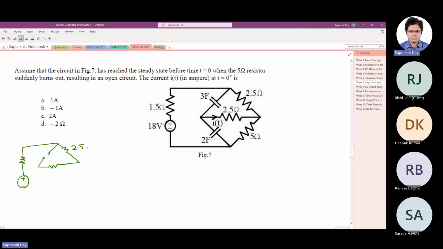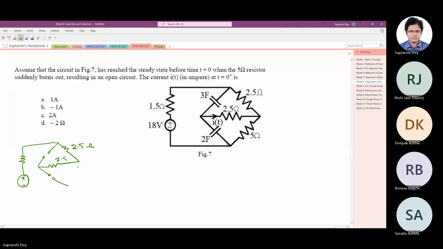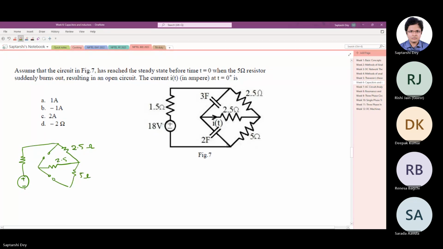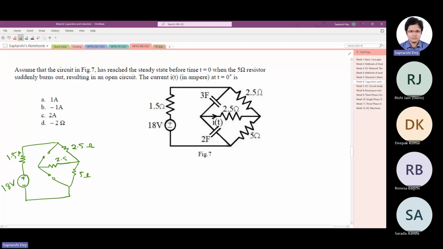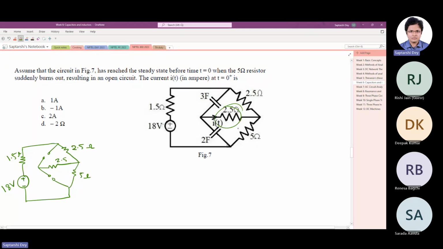So 2.5 ohm, 2.5 ohm, and another capacitor here, open circuit, 5 ohm, this way. Now this is 1.5 ohm and it's 18 volt. Now definitely at steady state there was no current through this 2.5 ohm resistor.